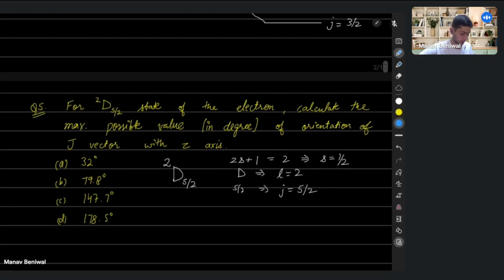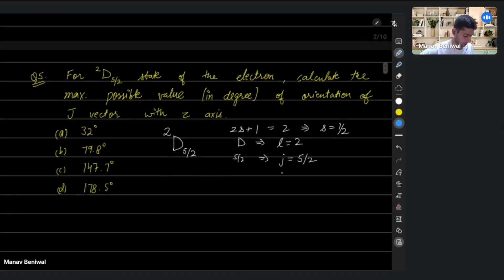You can see here that our j is 5 by 2, spin is half, L is 2. Now what are we asked? We are asked to calculate the maximum possible value in degree of orientation of j vector with z axis.